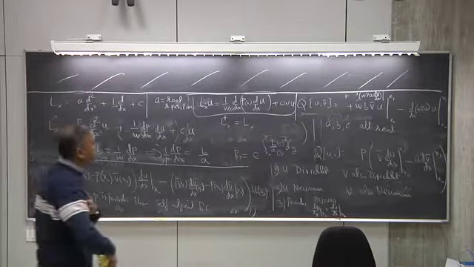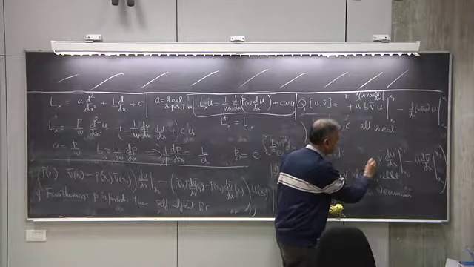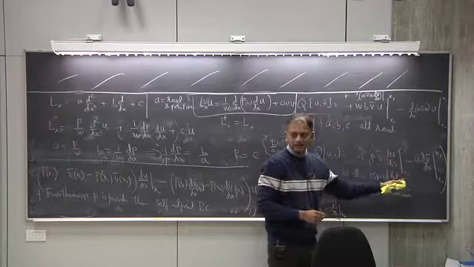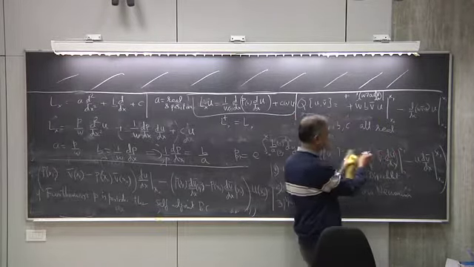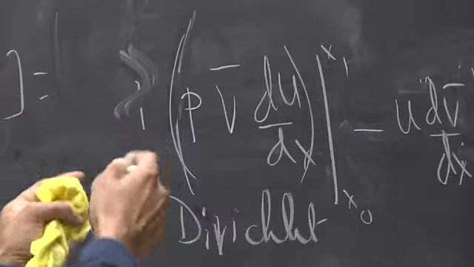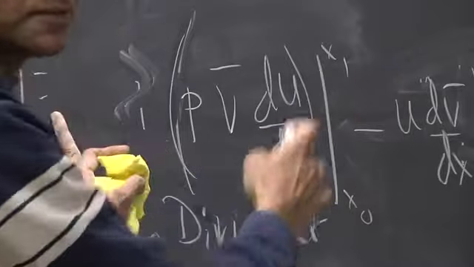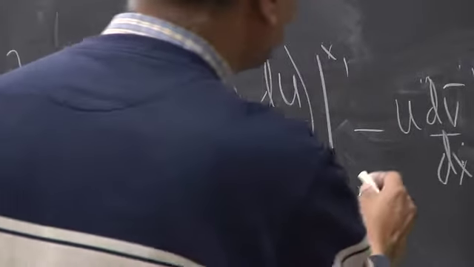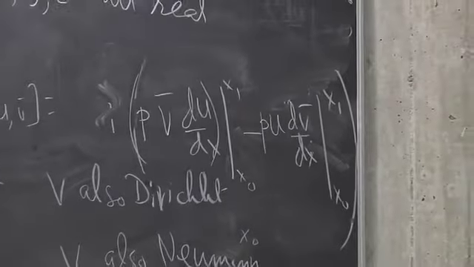No, but this p is not factored out like that. It's really p times this whole thing. When you look at the boundary condition, it is p times this whole thing. When I wrote p, that's a bit misleading. What I meant was that whatever appears here should be evaluated between x1 and x0. The second term should vanish.